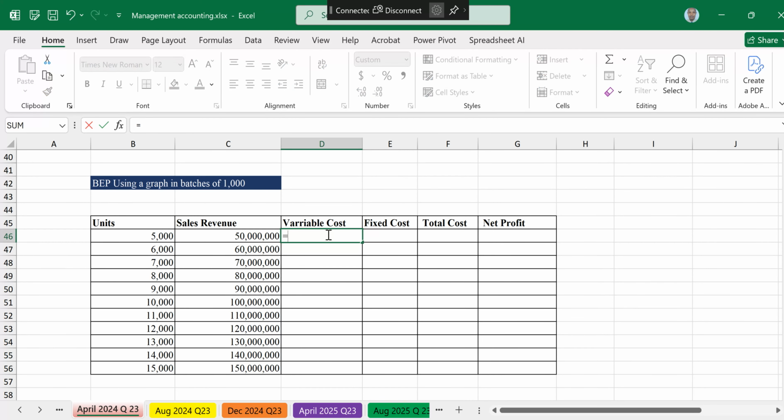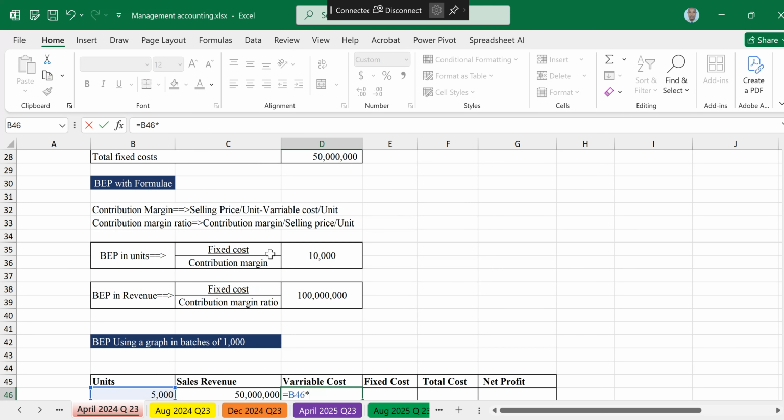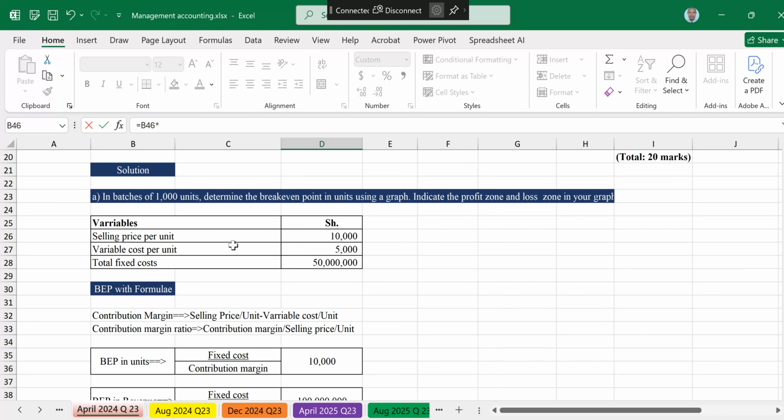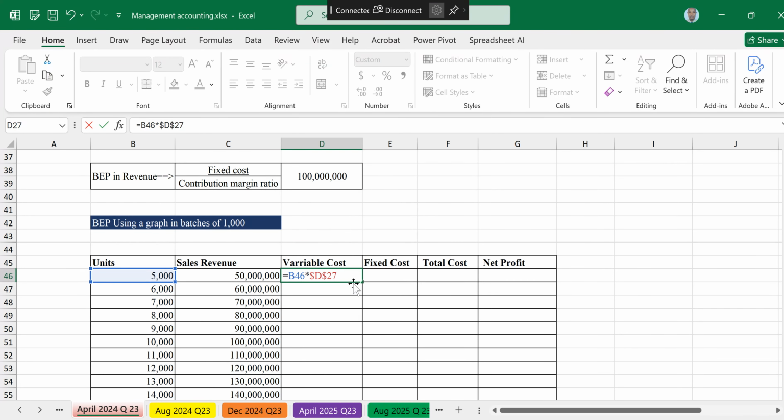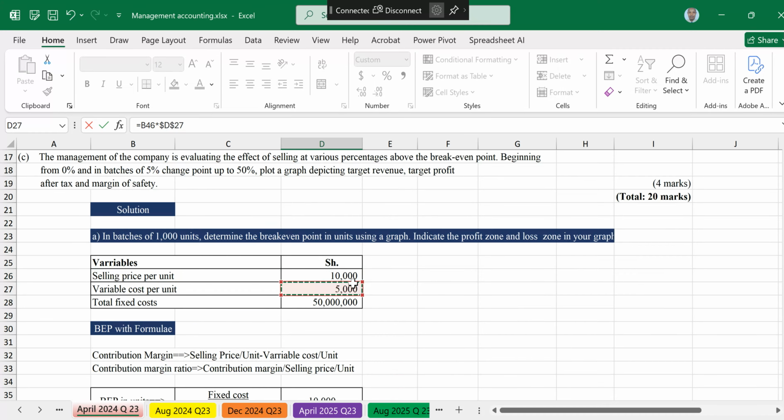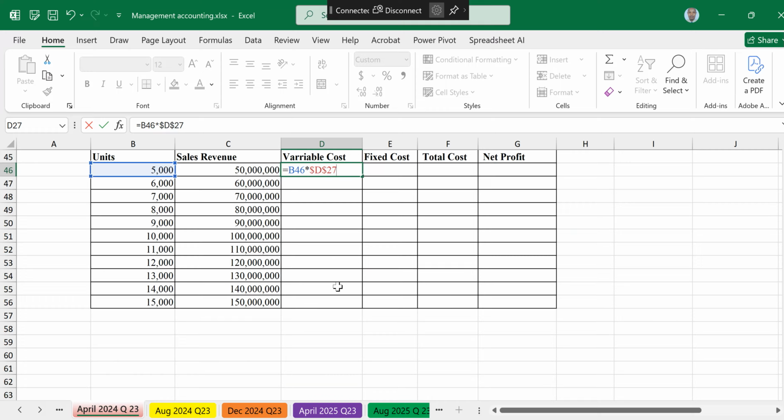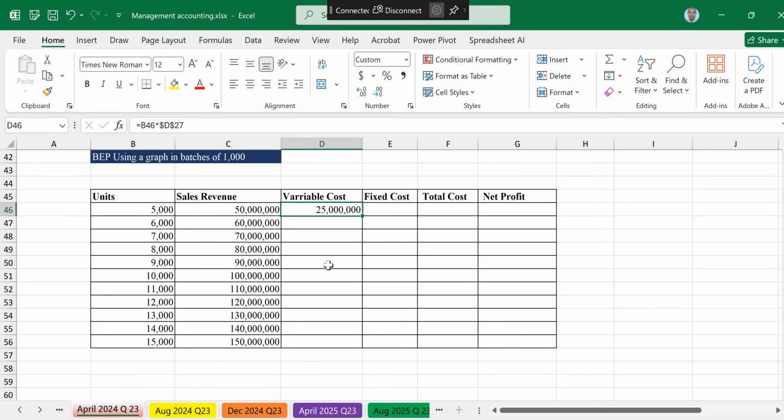Variable cost equals unit sold, so click on the unit sold, times, move up under variables, and we have variable cost of 5,000. So click on 5,000 and lock it with absolute cell referencing. Enter.